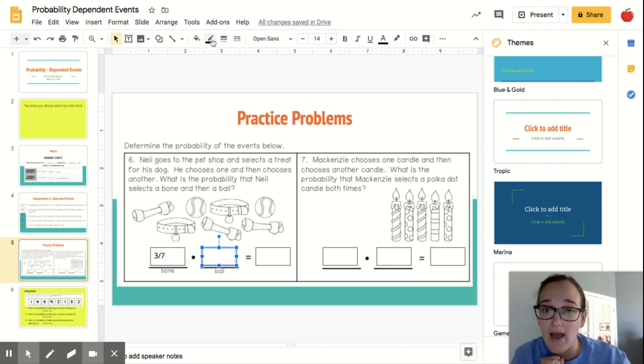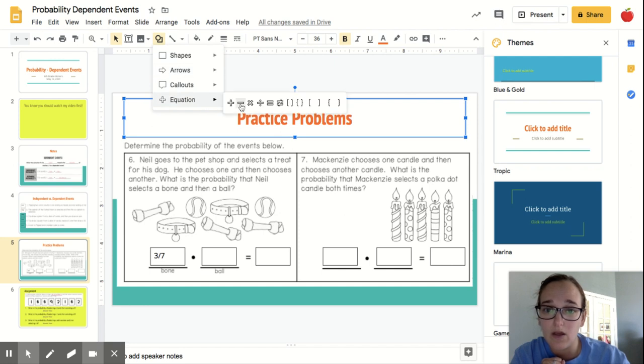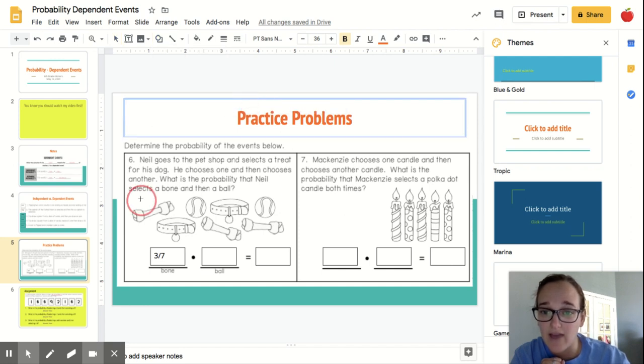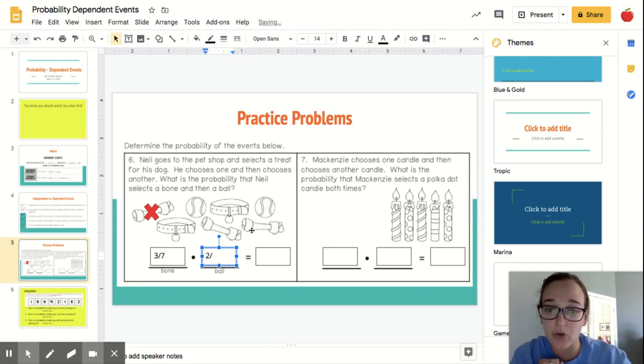So you can imagine, let me find my little X tool here, that I have taken out one of the bones, okay? Well, if that's the case, then now my total number of items is different. The probability of drawing a ball would be 2 out of how many total things?